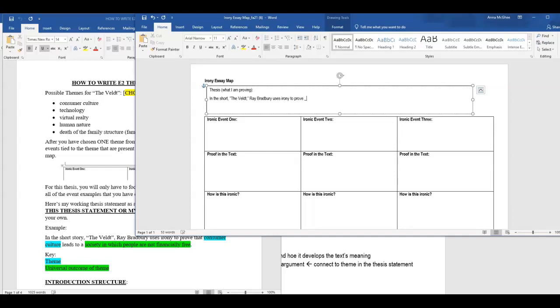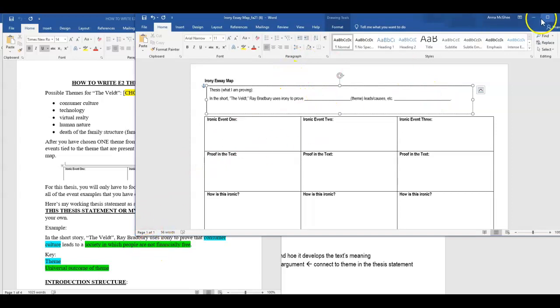Now remember, what comes next will be the theme that leads to, causes, etc. Then you will fill in the universal outcome. The universal outcome of the theme must be what everybody universally would experience because of this theme.